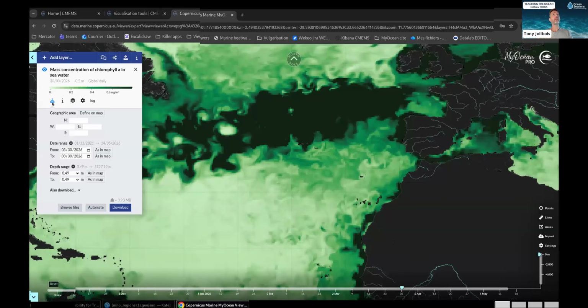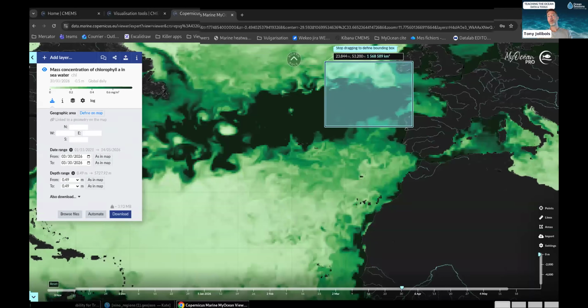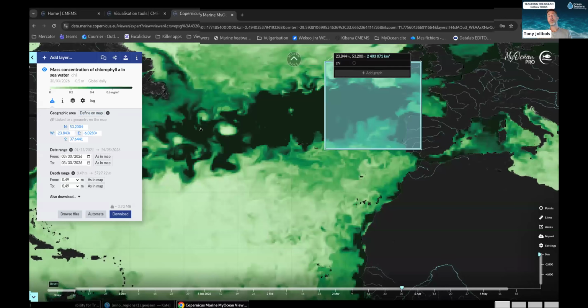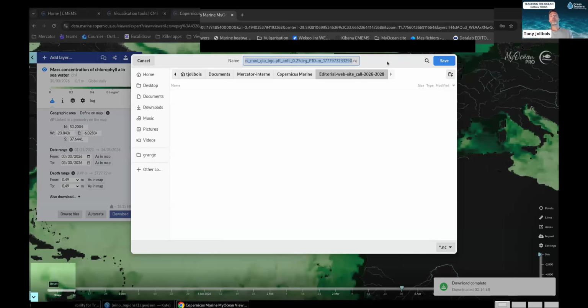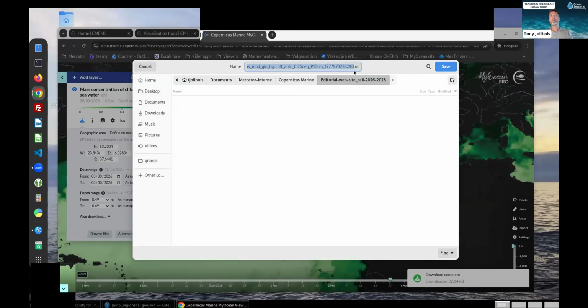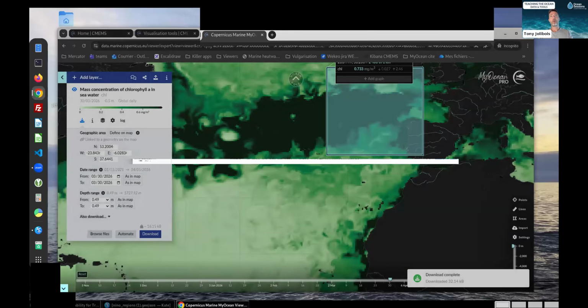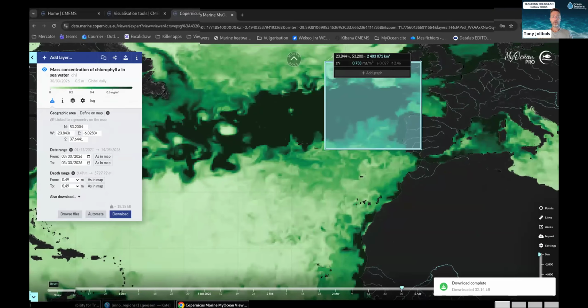So to download the data after login, you click on this button, and if you want to focus on that part of the ocean, you define it here and you click on download, and then you download a netCDF file. So I won't go into the detail of all of this.